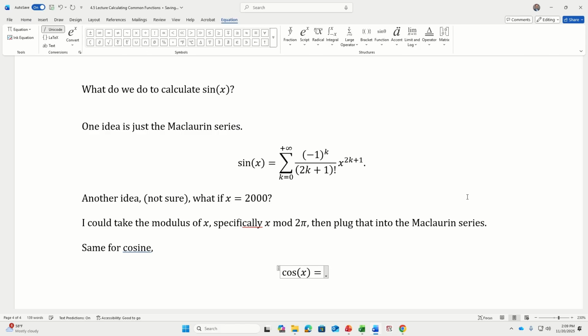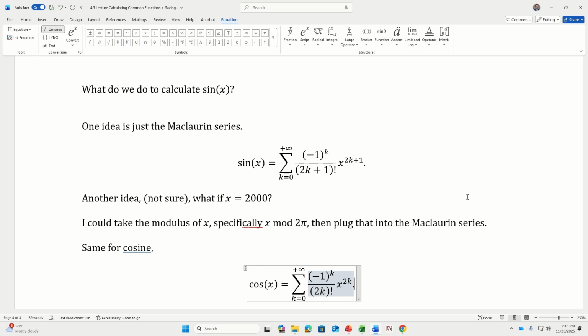And then the same thing for cosine. Cosine of x also has a nice Maclaurin series, and that would be kind of the same thing. I think it's just 2k factorial, because we're only dealing with evens when we talk about cosine.